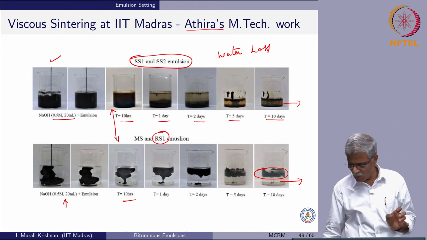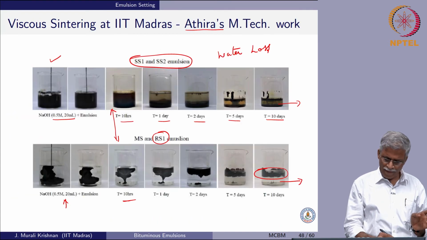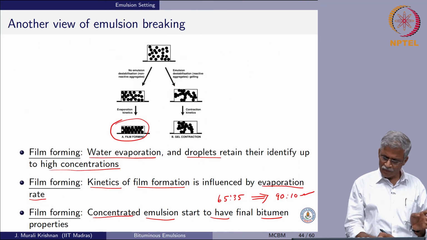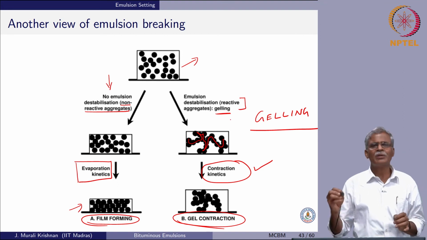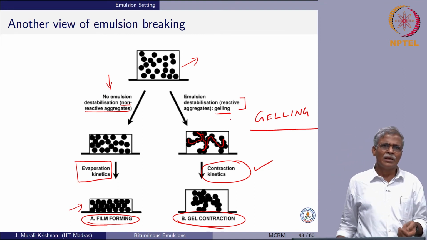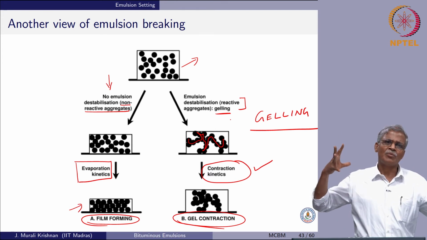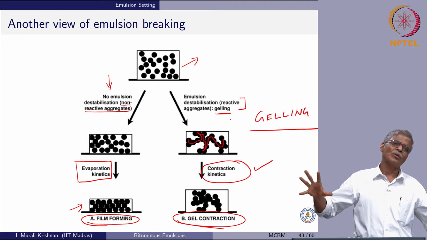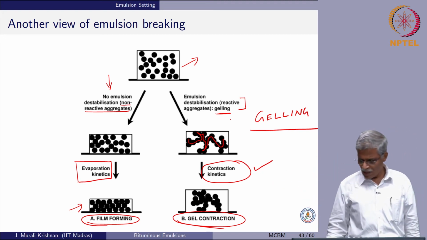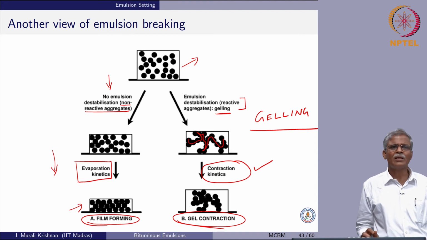Now, if I have such emulsion breaking, when there is gelling happening, the manner in which the emulsion is breaking is completely out of control, it is not in your control. Whereas, in this case, the manner in which the emulsion is breaking is in your control.